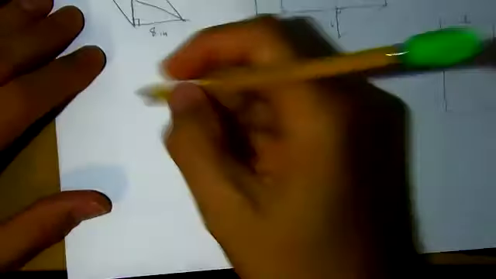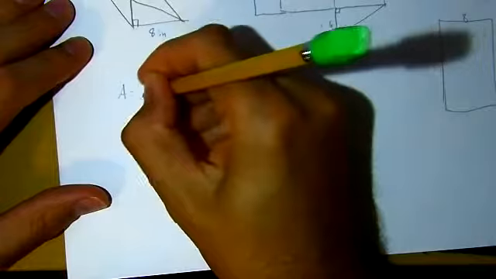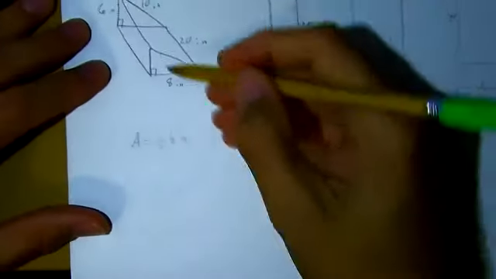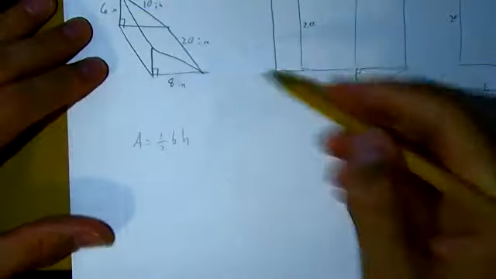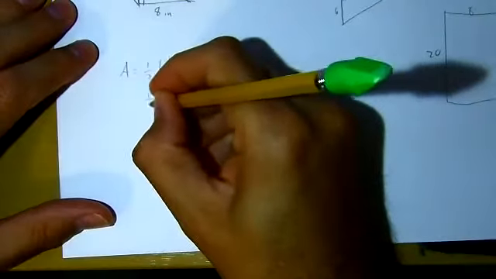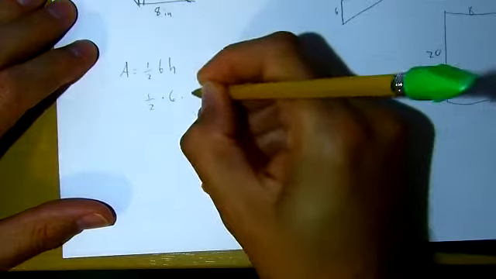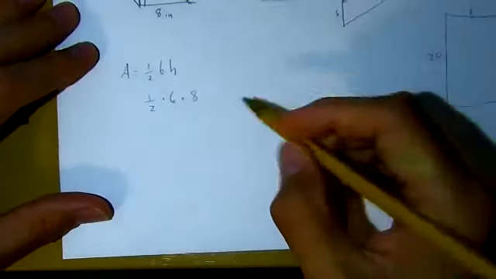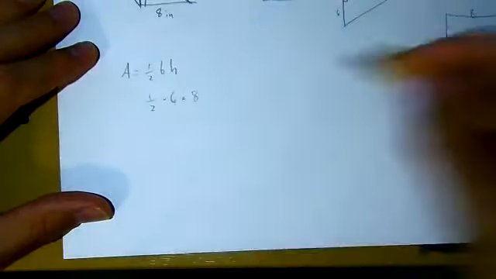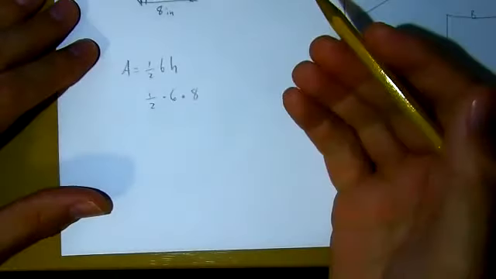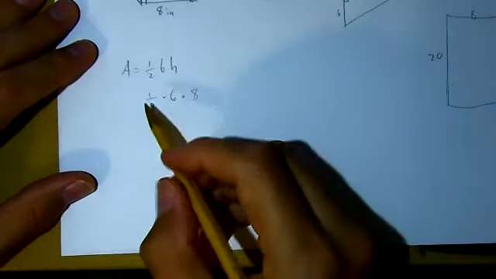So if we start by saying 1/2 base times height, and our triangle is 6 by 8, it's going to be 1/2 times 6 times 8. Now, you can punch all that in on the calculator, or you can do it the way I do it, which is the easy way, I think.